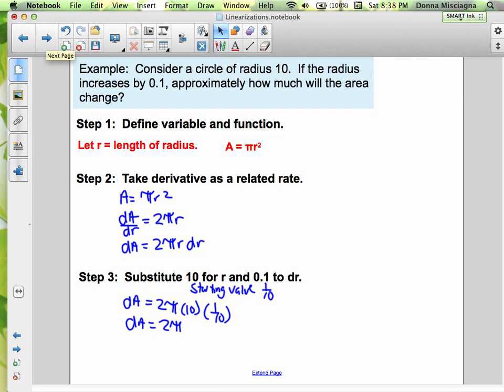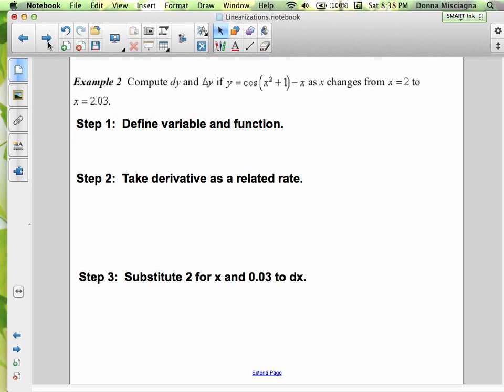Units squared, 2 pi units squared. That's how much our circle will change if we increase the radius by 1/10 of an inch, approximately.